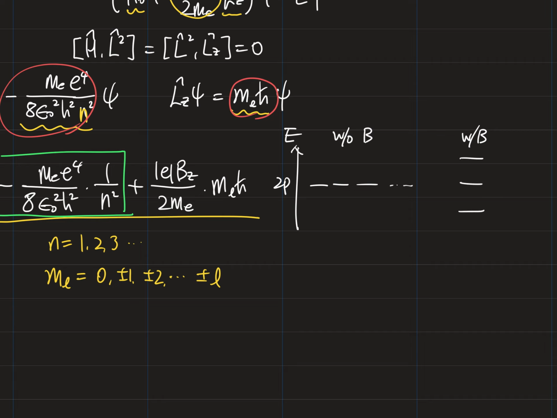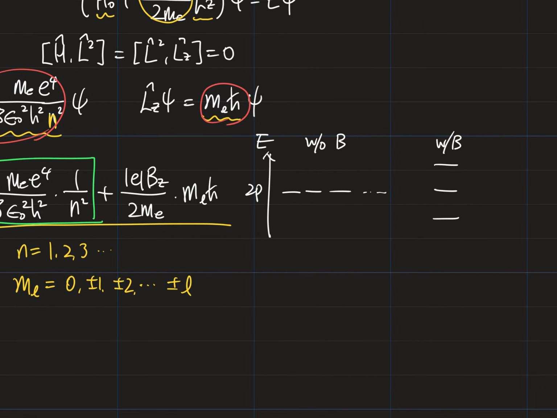Now you understand why m sub l equal to plus 1 goes up and m sub l equal to minus 1 goes down, because of this term. So m sub l equal to plus 1 will increase the energies, while m sub l equal to minus 1 will decrease the energies. And there is no effect on m sub l equal to 0.